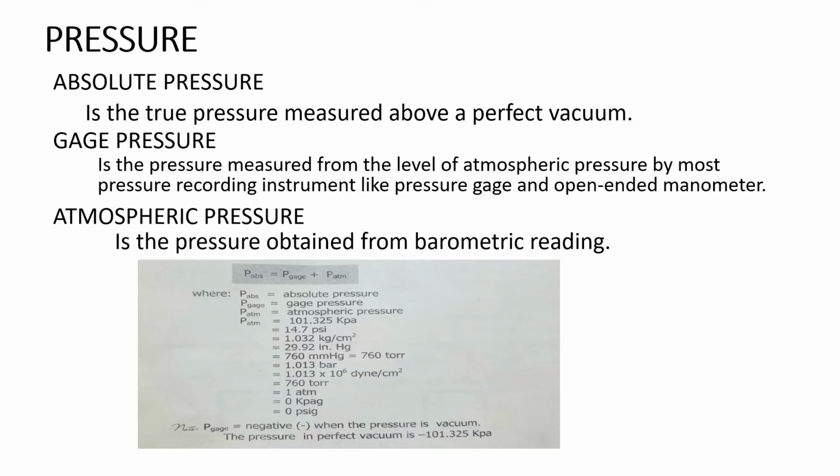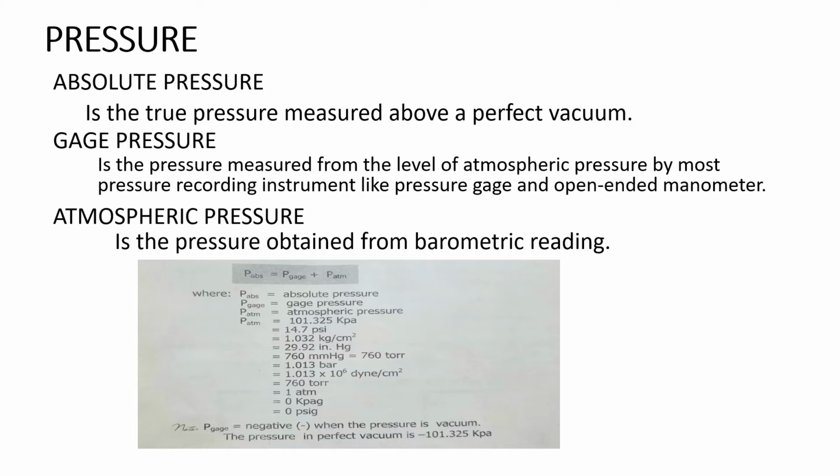The atmospheric pressure is equal to 101.325 kPa or 14.7 psi or 1.0332 kg per centimeter squared, or in inches, 29.92 inches mercury or 760 millimeter mercury, equal to 760 torr, or 1.013 bar or 1.013 times 10 to the 6 dyne over centimeter squared, or 0 kPa-G or 0 psi-G.